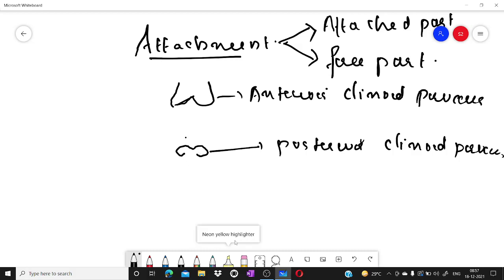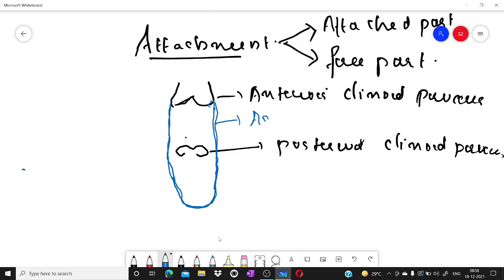Now I am going to draw the free part of the Tentorium cerebellae. The free part or anterior part is U-shaped, and the ends of the U are attached to the anterior clinoid process here. This part which I have drawn in blue color is the anterior free part of the Tentorium cerebellae.